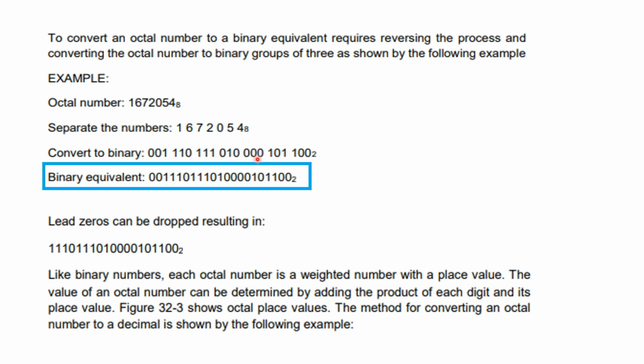What's the equivalent of 2? 2, 7, 6, etc. So the binary equivalent is this one. And the leading zeros can be dropped. So this one, 0, 0, can now be dropped, the leading zeros.